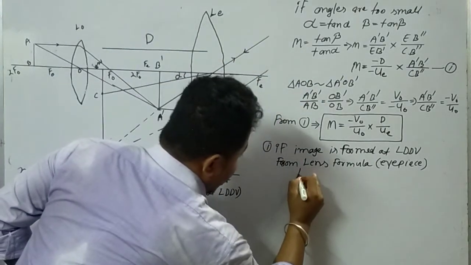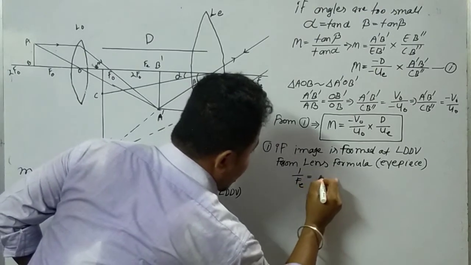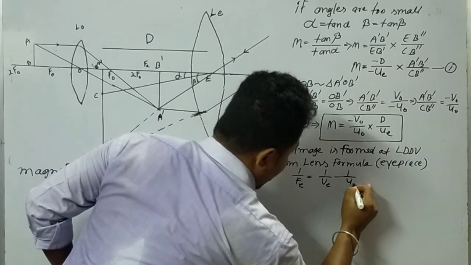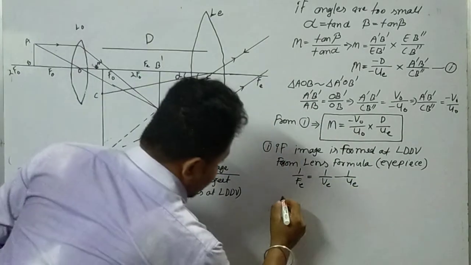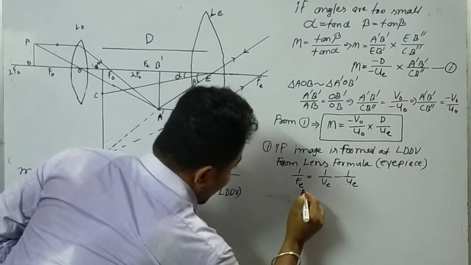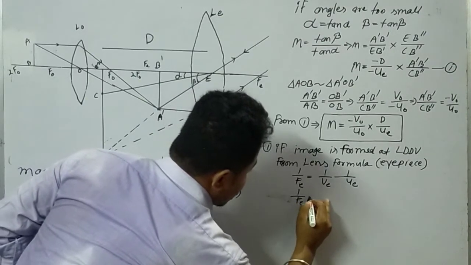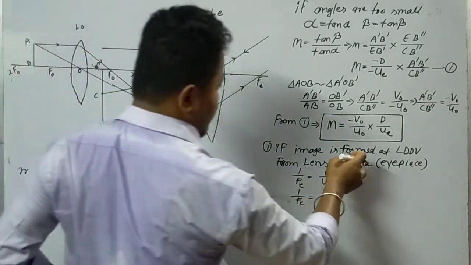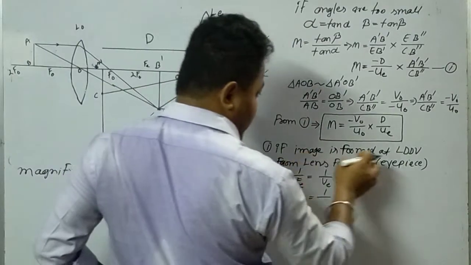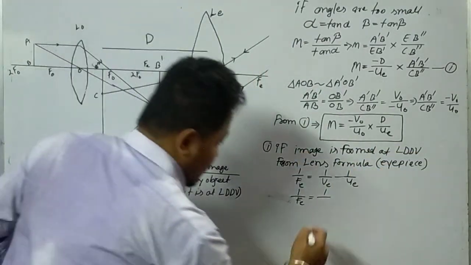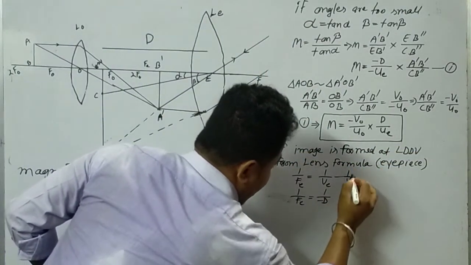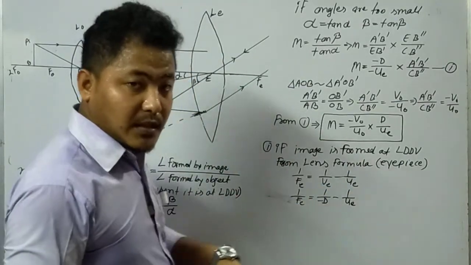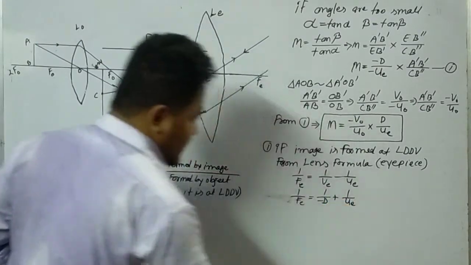So we'll write here 1 by fE is equal to 1 by vE minus 1 by uE. This implies, that means 1 by fE, that is positive, is equal to 1 by vE minus, where image is produced at least distance of distinct vision, so it will be minus D, and this is minus 1 by uE. uE is the object distance, minus, so minus minus plus.